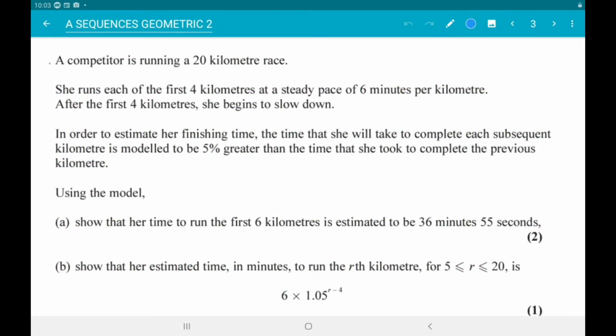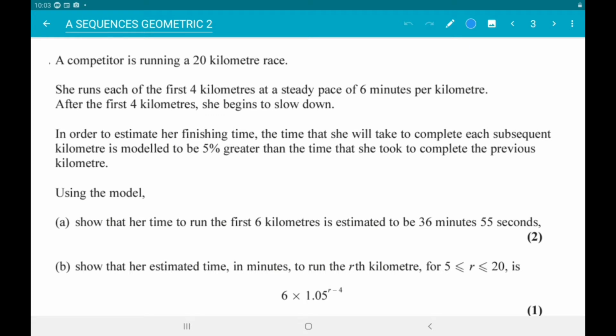Alright, first up, a competitor is running in a 20-kilometer race. She runs each of the first 4 kilometers at a steady pace of 6 minutes each, and then begins to slow down.